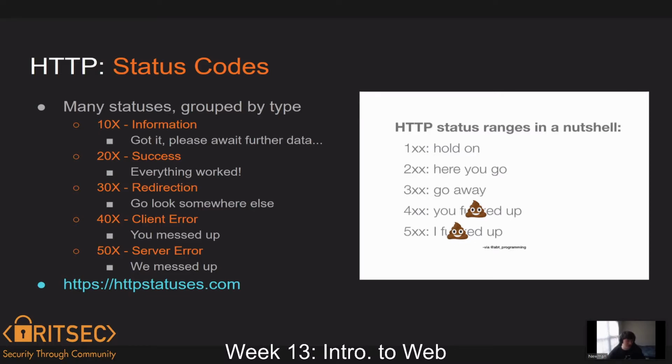So different APIs can kind of do whatever the heck they want with their status codes. I've seen some websites that will return a 200 code when the server has crashed, and then in the body somewhere say, oh yeah, by the way, this is a server error. So welcome to the wild west of the web. People do whatever they want.